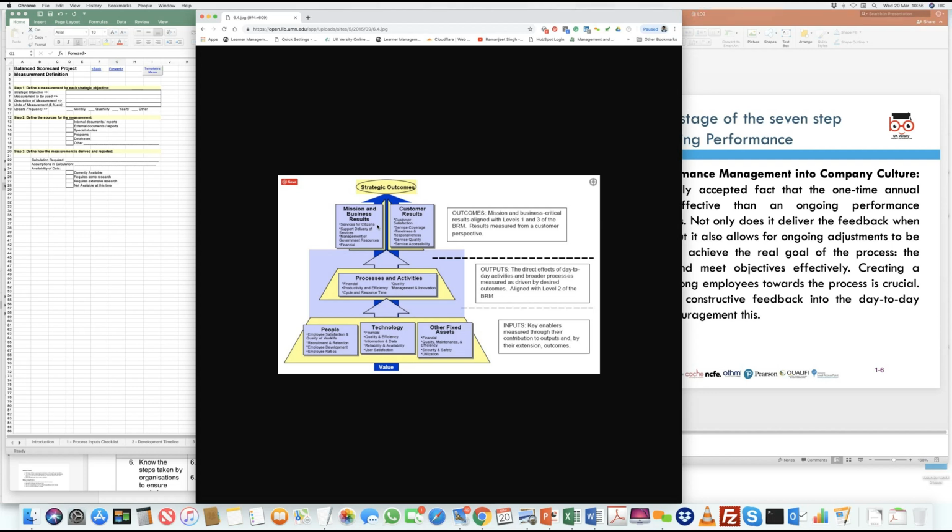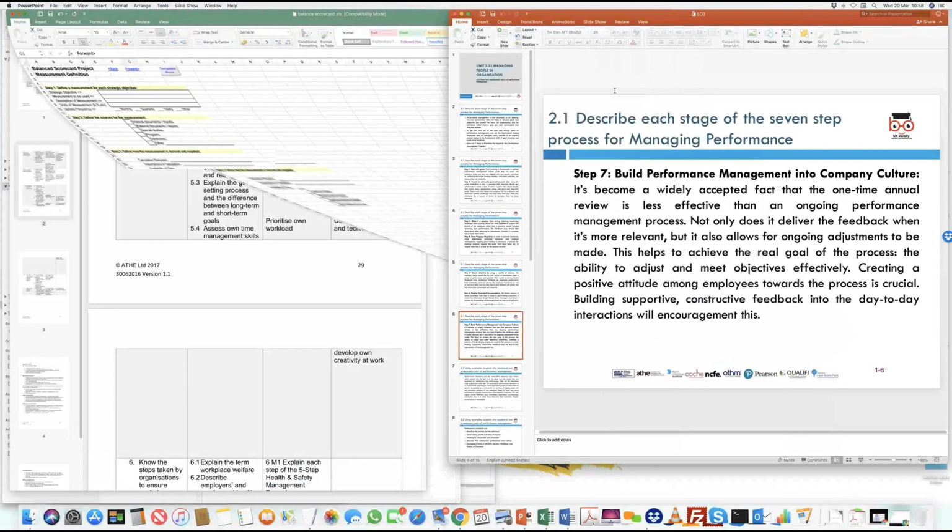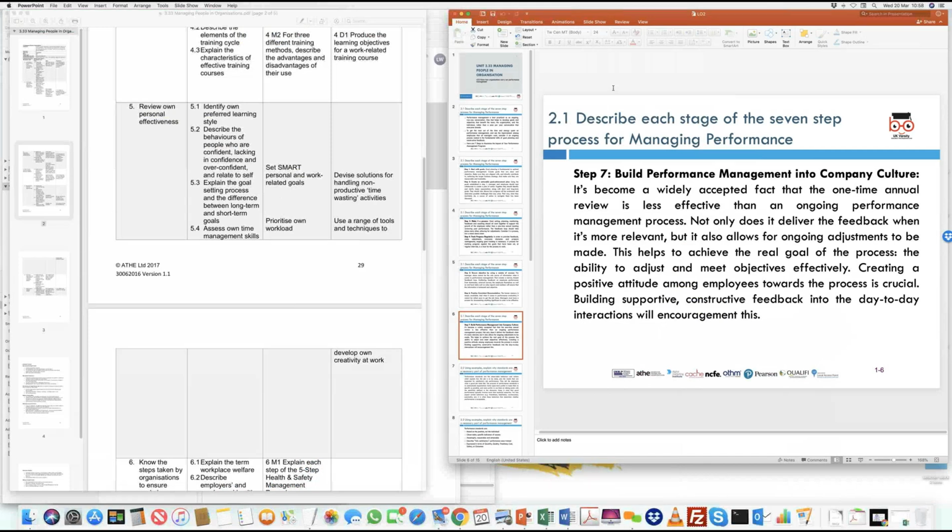So these things have to be incorporated, and once they are put in place, what you will see is that the performance of the employees actually can be measured using a range of tools.